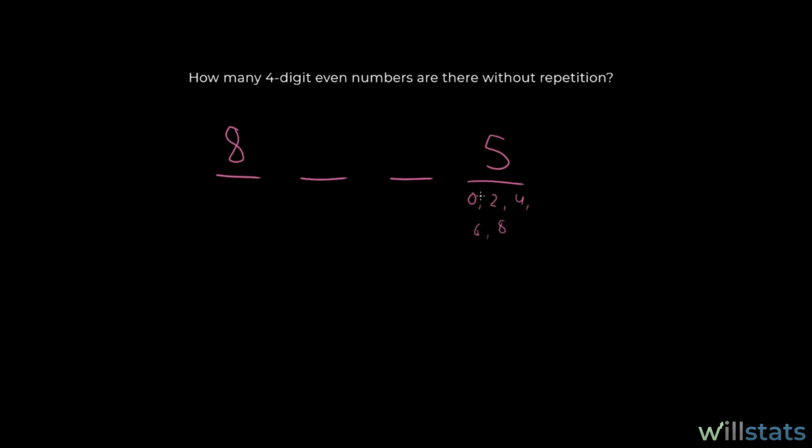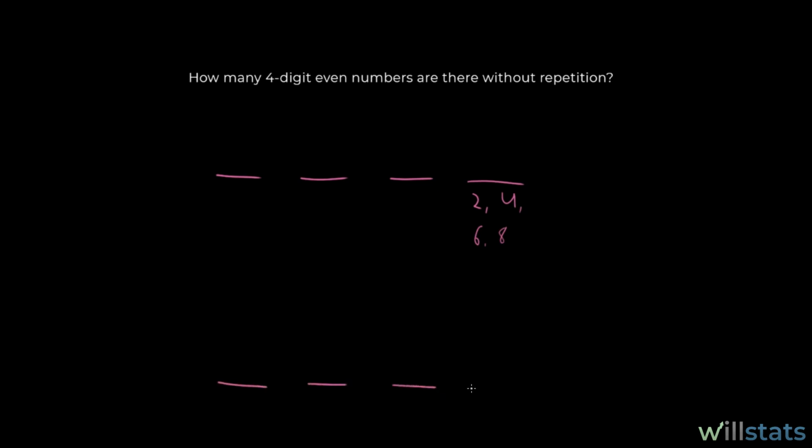But actually, we have to consider 0. Previously, when we were allowed repetition, the first digit couldn't be 0 because that would make it 3 digits. So actually, if the last digit is 0, there still are 9 possibilities for the first digit. So we have to split this into 2 cases. For our first case, the last digit can be 2, 4, 6, or 8.